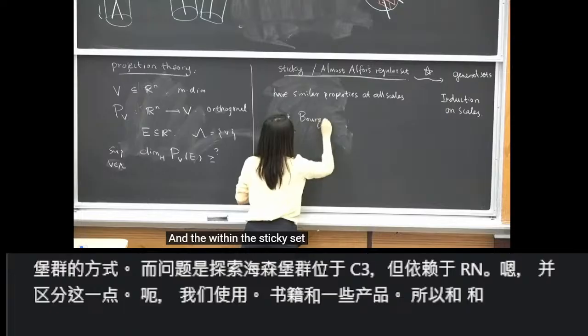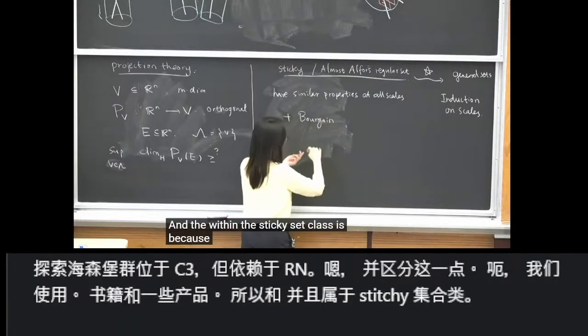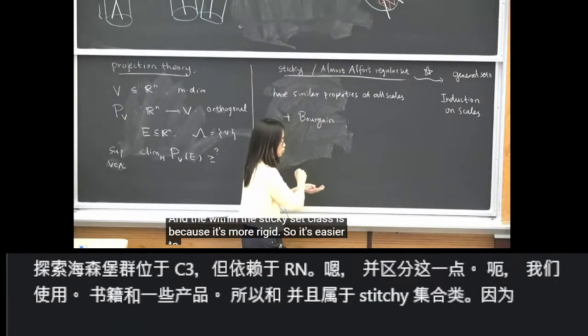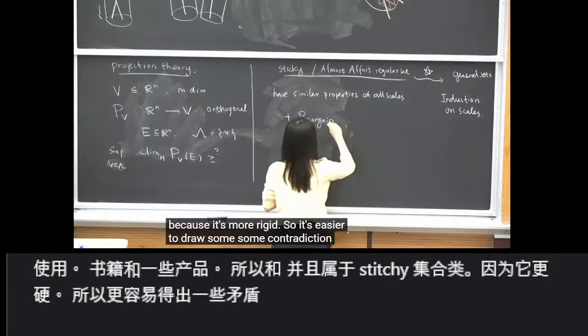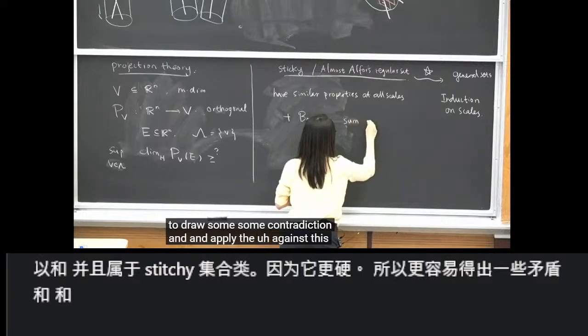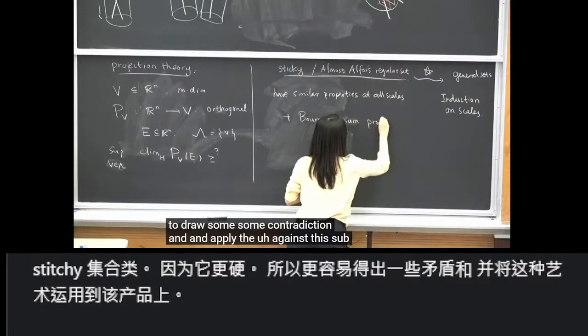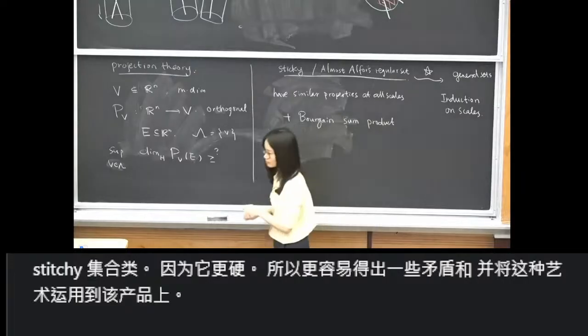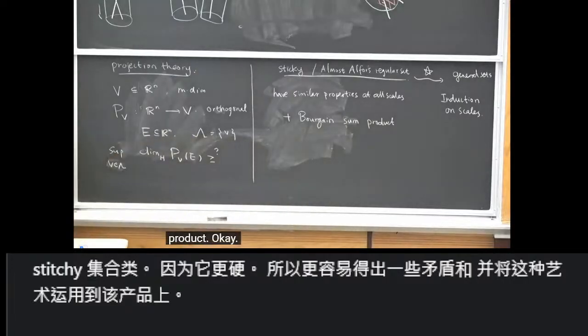Within the sticky set class, it's more rigid, so it's easier to draw some sort of contradiction and apply Bourgain's discretized sum product.